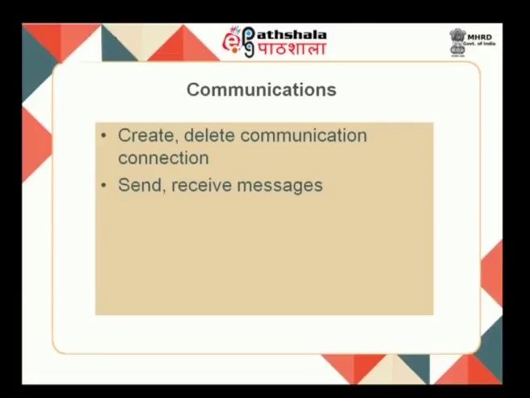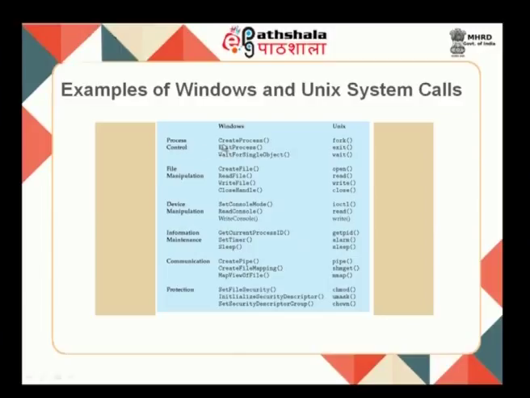If you look at this, it just shows a table of different system calls that have been used in Windows and Unix operating systems. For process control, fork is the system call that is used in Unix for creating a process, and when the process exits, it calls exit, and it can make the process wait for some amount of time or wait till an event occurs using the wait system call.